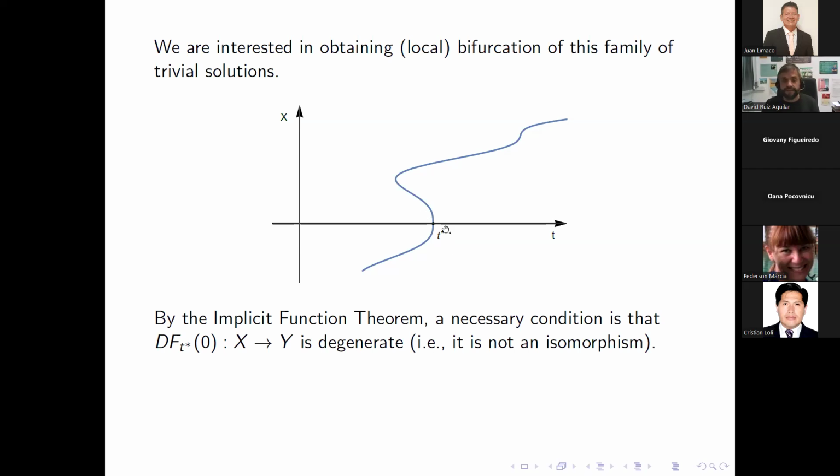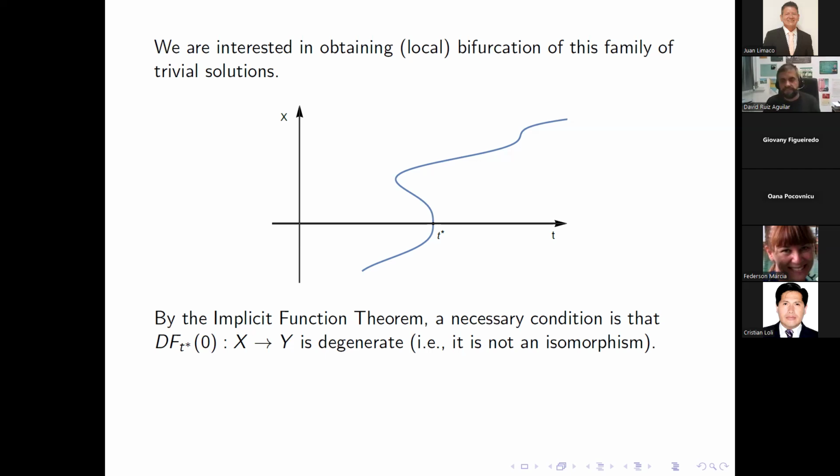The reason is that if it were not degenerate, the implicit function theorem would tell you that the only set of solutions is just a curve, but you already have a curve, which is the trivial one, so you would be done. So the existence of this branch contradicts the implicit function theorem, and this tells you that this operator has to be degenerate.